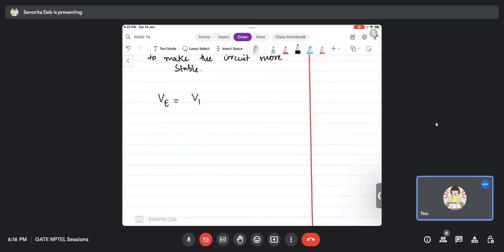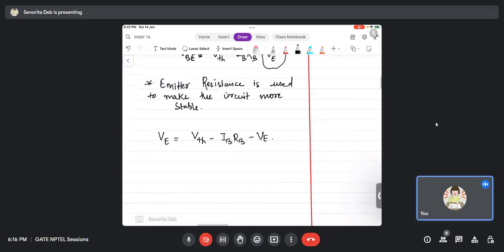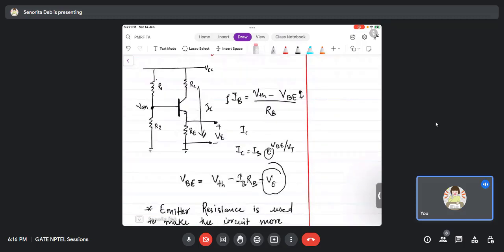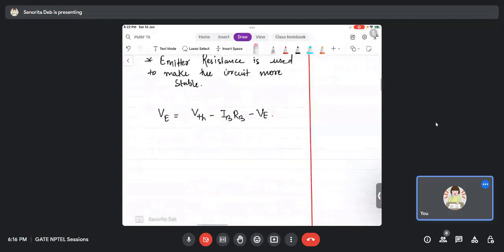So VTH minus IBRB minus VE. Now you see that since there is again emitter resistance across which power is dissipating, the base current will be smaller than before, right? The base current is now smaller than before. So in this case the assumption of negligible base current is more prominent.